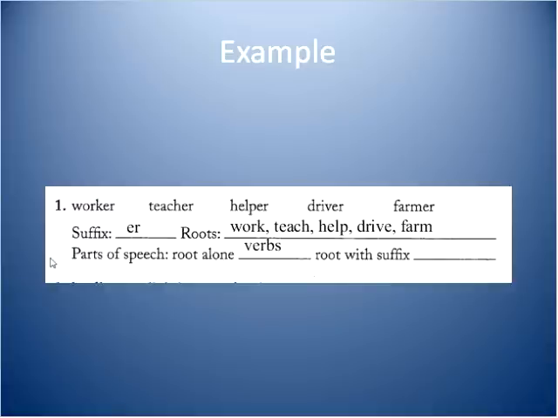Also, when you learn more about suffixes, you will be able to recognize the part of speech simply by looking at the suffix itself. The suffix ER makes a verb into a noun that means somebody who does something. So worker means somebody who works. Teacher is somebody who teaches, and so on.